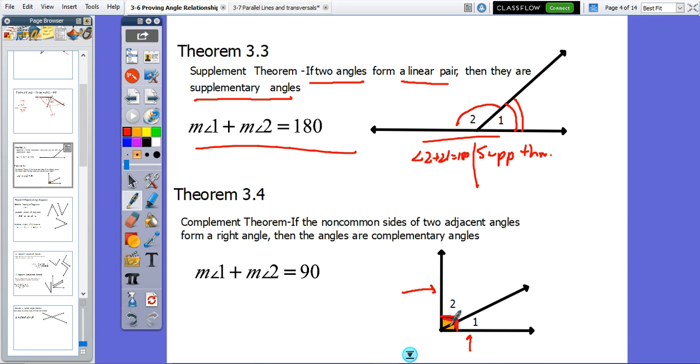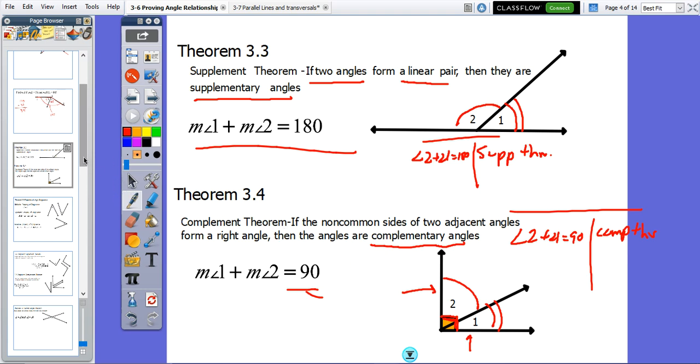If I know I have a right angle and then I have angles inside, then I can say those two angles are complementary angles. They equal 90. So how do I know angle 2 plus angle 1 equals 90? Because the complement theorem says that if I know that's a right angle, then they equal 90 for sure.